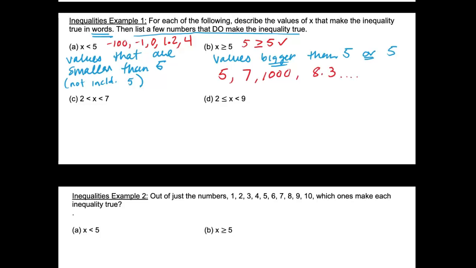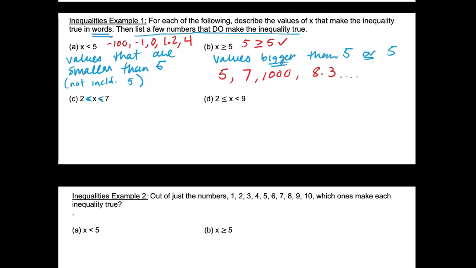So for C, this is a different type of inequality because you've got the x in the middle, and so this is what we call a compound inequality. So we read this, x is greater than 2 since the bigger part of the sign is closer to the x. So x is greater than 2 and it's less than 7.